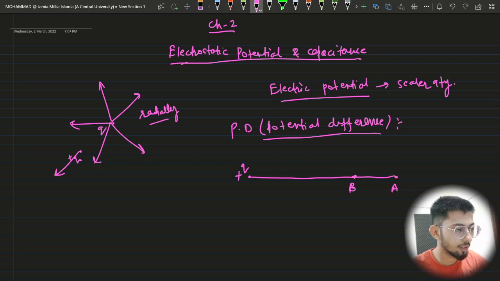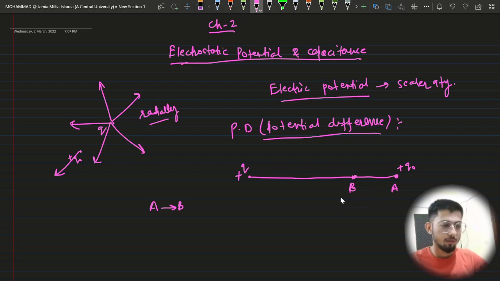Now we bring a test charge q naught. We have a test charge at this point A, and we want to bring it from A to B. Since there is an influence of electric field due to this charge, the movement will take some amount of work, because this electric field would be pushing this charge away, isn't it?